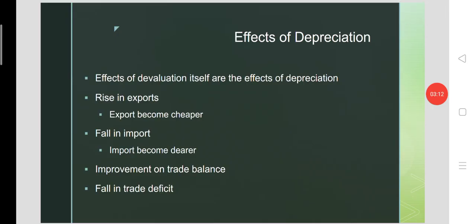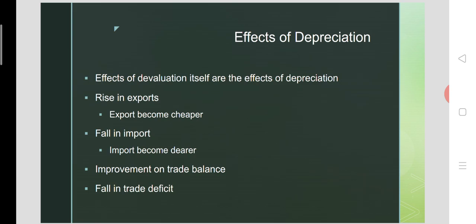So what would the depreciation make on the economy? All effects of devaluation itself are the effects of depreciation. For example, export will rise after depreciation as export will become cheaper.